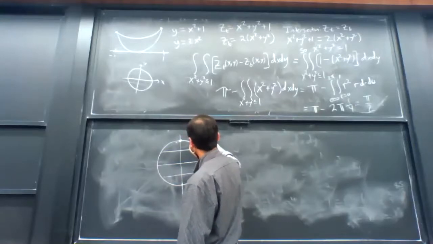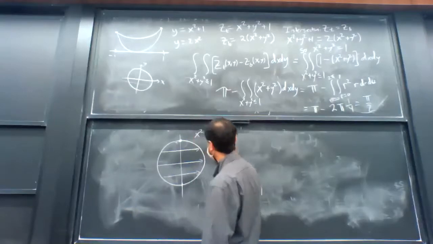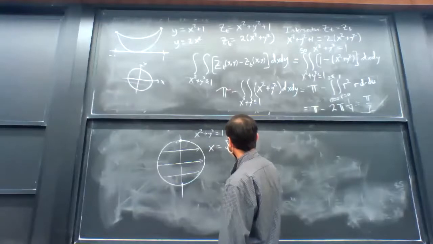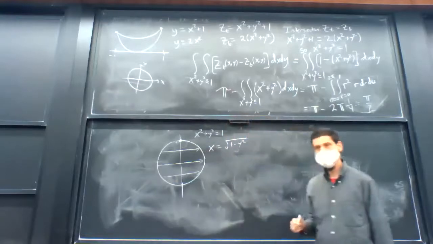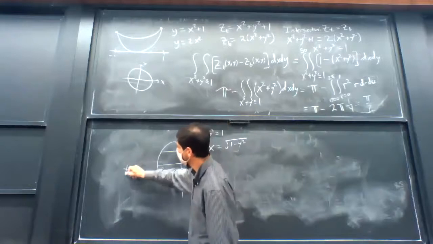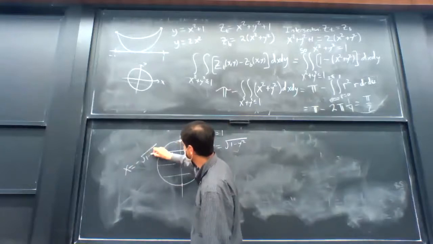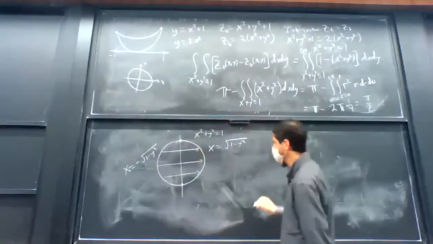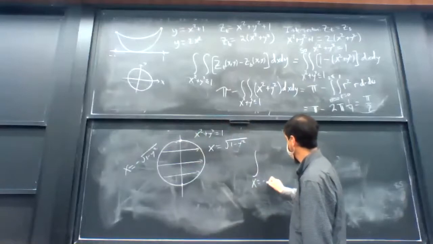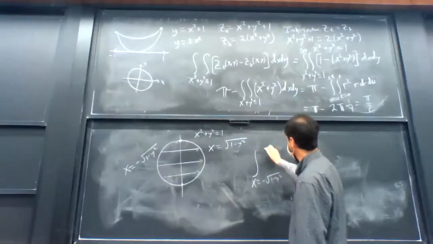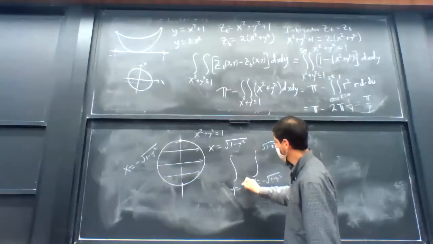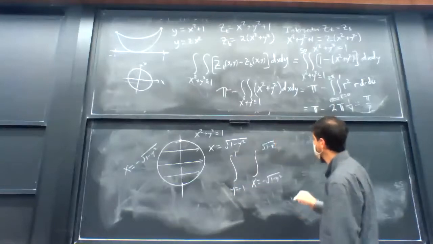If x squared plus y squared equals 1, you get x is the square root of 1 minus y squared on this side. And what would you get on this side? It would be negative square root of 1 minus y squared. So we'd have the integral, x goes from negative square root of 1 minus y squared to square root of 1 minus y squared. y goes from minus 1 to 1.